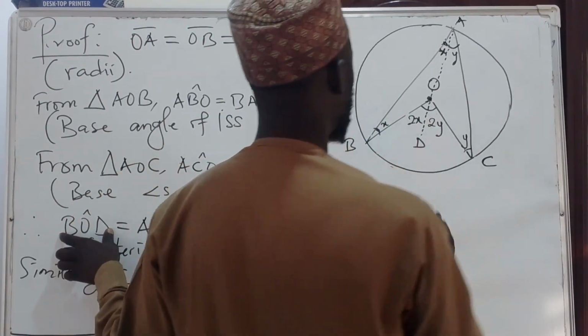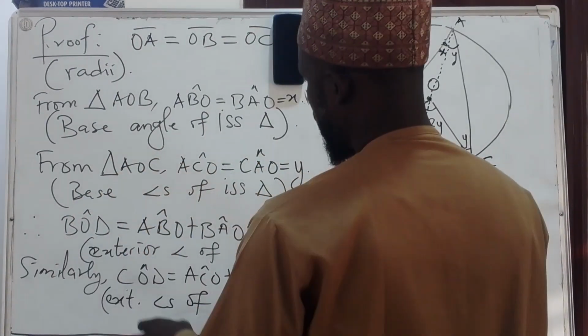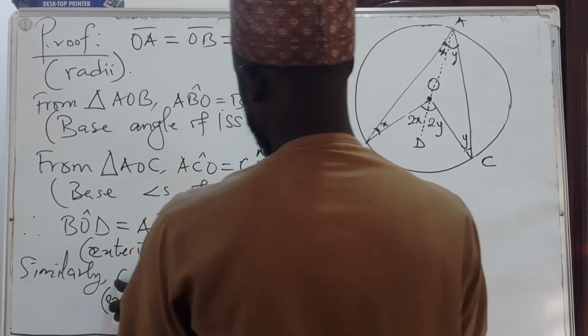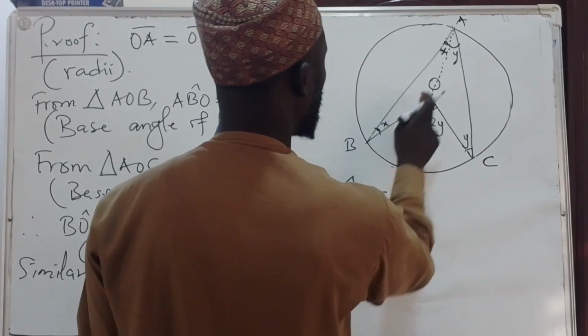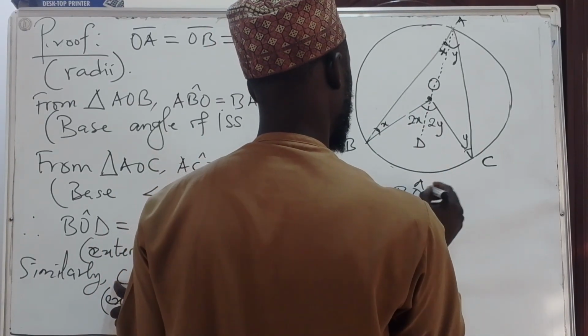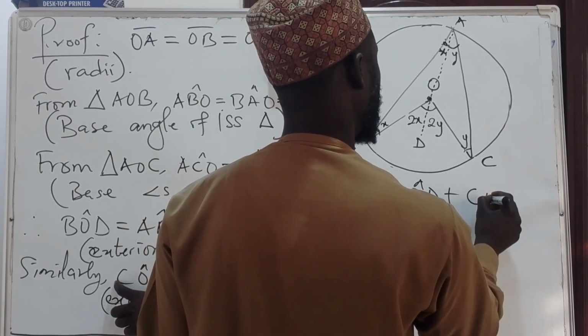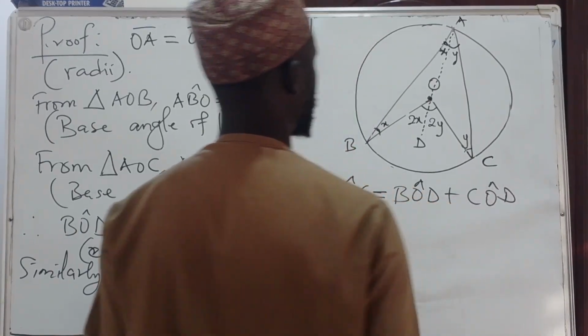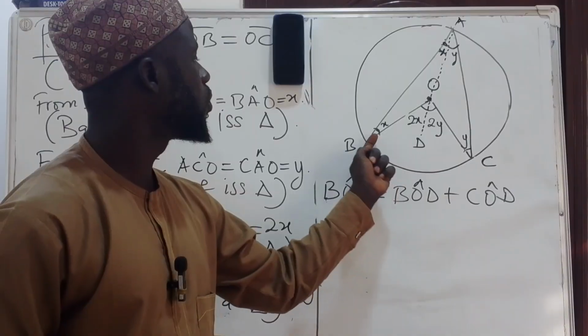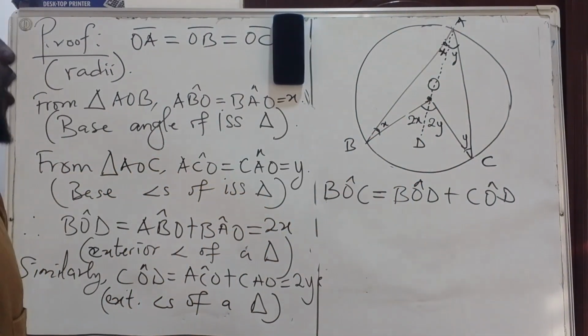This is equal to this angle BOD plus COD. When you sum this angle plus this angle, it will give you this large angle.